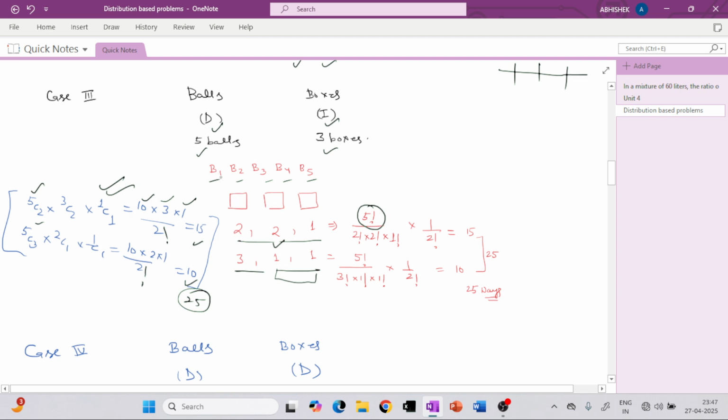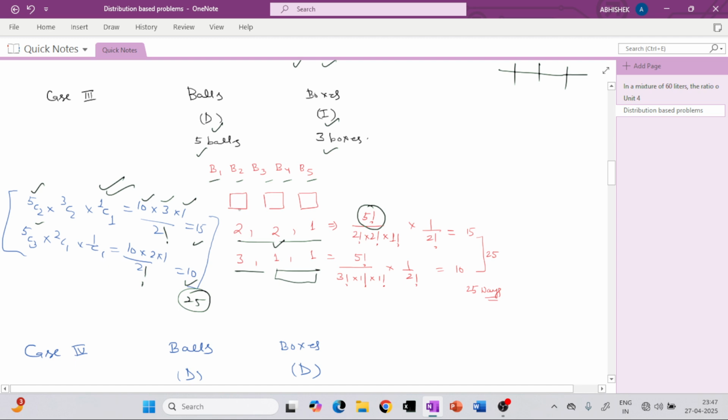Suppose we are putting b1 and b2 in the first box, it is not important whether we write b1 b2 or b2 b1. Inside any box the order is not important. So when we are using 5 factorial, we are taking all the orders, but inside the box order is not mandatory. So the order inside the box must be removed.